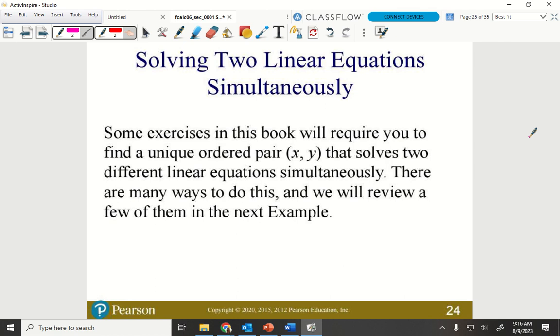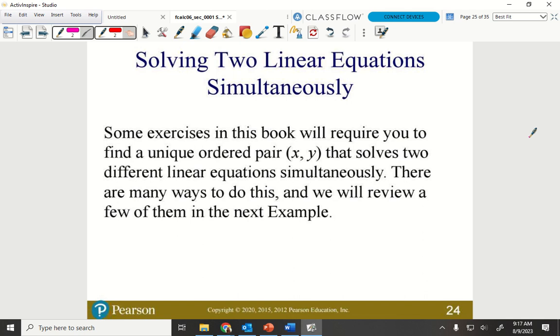Anyway, all right, so from here, solving two linear equations simultaneously means that we are going to find where these two lines are going to intersect. Where they intersect, you'll have a cross, x and y.